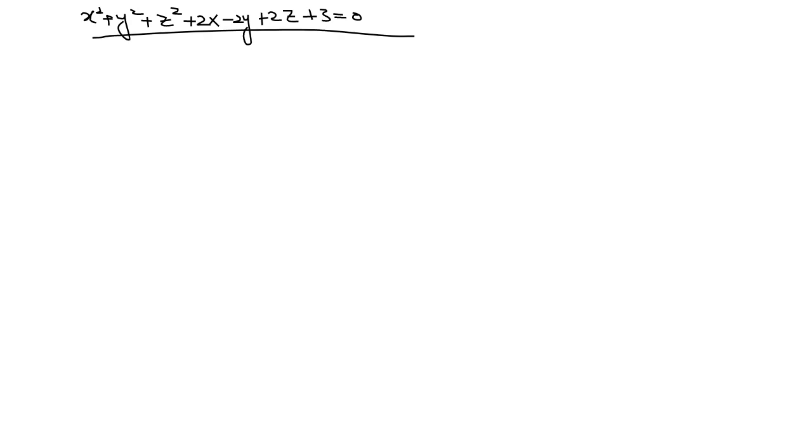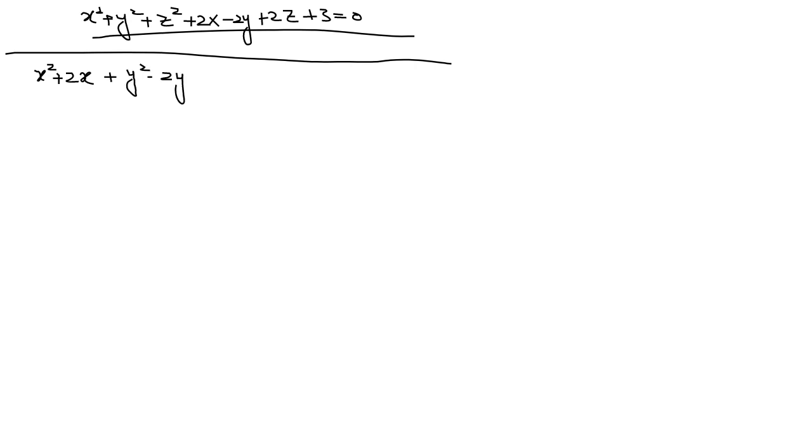I think we discussed the same type of example in the last class. What we have to do is take the x terms separate, y terms separate, and z terms separate, and shift this number to the right hand side, which is -3.